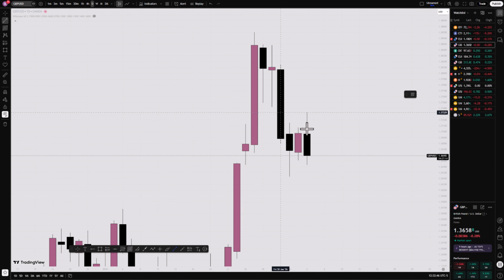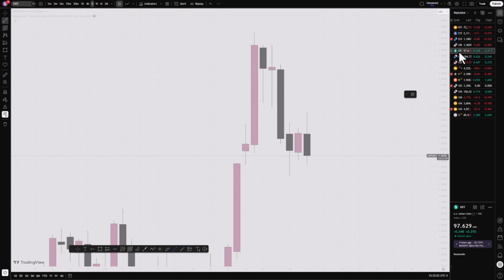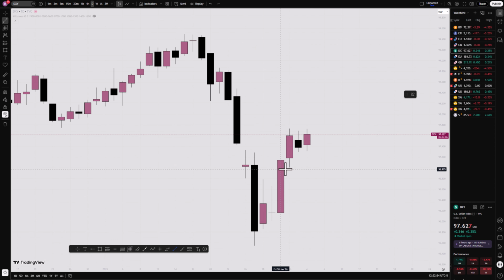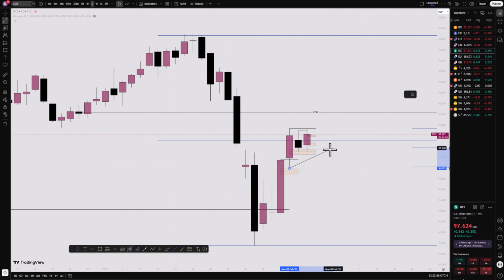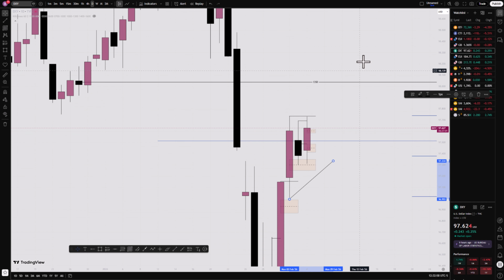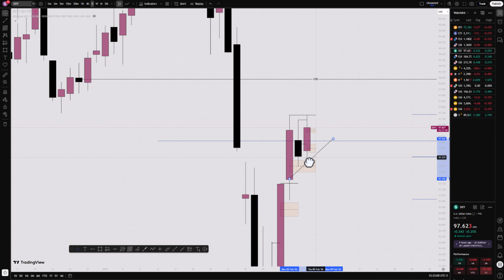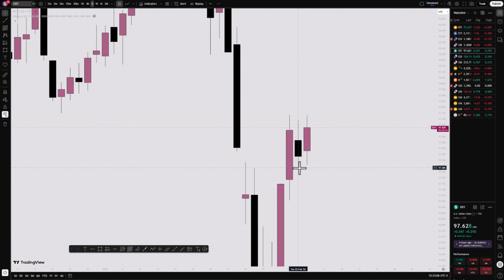So here is the fair value gap on the daily, right? So let's check on the dollar. Do you see? Price did not enter into any fair value gap. This is the fair value gap. Price did not enter inside this fair value gap. This is an SMT divergence.